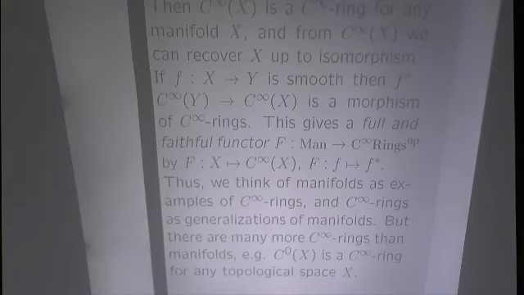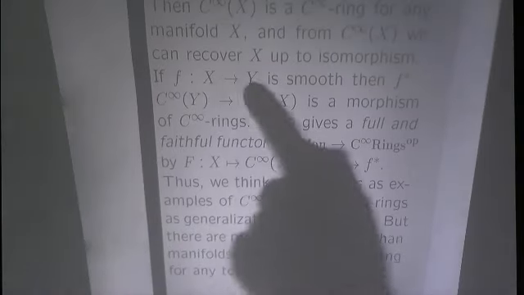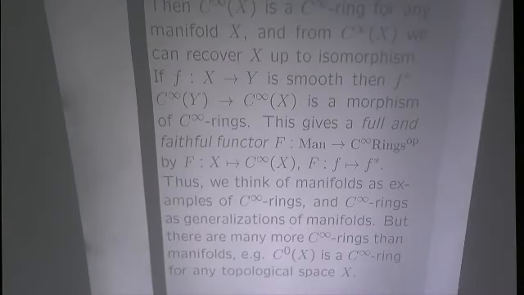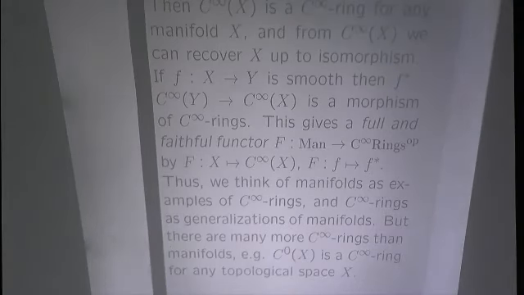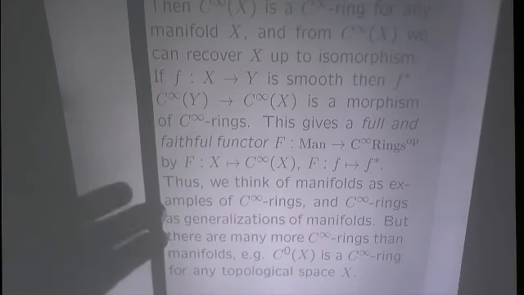And this is full and faithful, meaning that there is a one-to-one correspondence between smooth maps from X into Y and C-infinity ring morphisms f star from C-infinity of Y to C-infinity of X. So you can think about manifolds as examples of C-infinity rings, and you can think about C-infinity rings as being generalizations of manifolds.